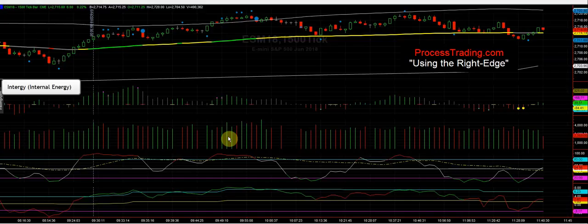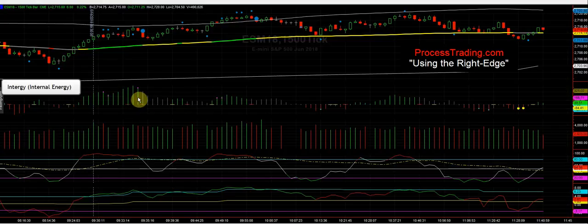So in processtrading.com, what we've done is we've measured the internal energy. In other words, we look at the demand and the supply. The green bars of the histogram indicate demand, the red indicate supply, and the gray bars, whether they come after the green or the red, indicate weakness is coming in.